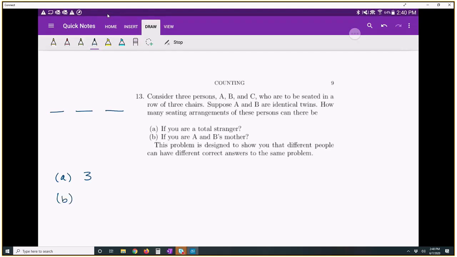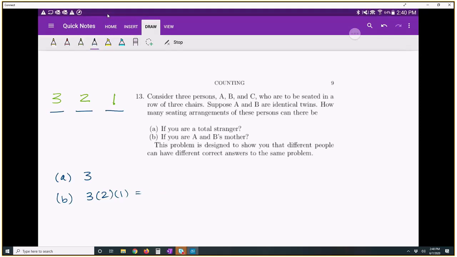Whereas, if you are the mother of the twins, then hopefully you can tell your children apart. And so now there are three distinct people involved. You and your sons A and B. So now we have a process where there are three possibilities of who could sit in the first chair, then two possibilities of who would sit in the second chair, and just one possibility of who would sit in the last chair, for a total of 6 possible seating arrangements.